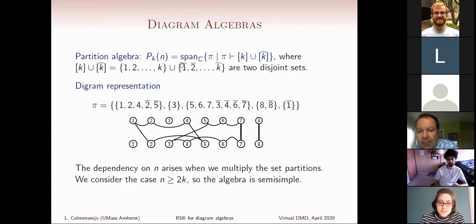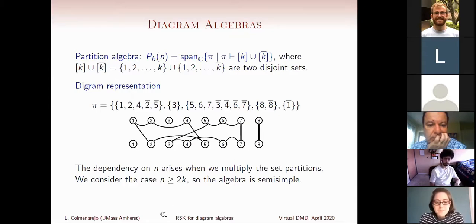Now, you don't see the n here, and the n arises when you define the product operation on the partition algebra. But since we are not going to show anything related to the product, I just leave it on the side. The only thing that we need is that n is larger or equal than 2k.